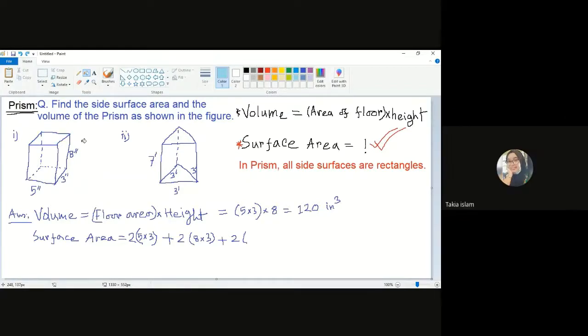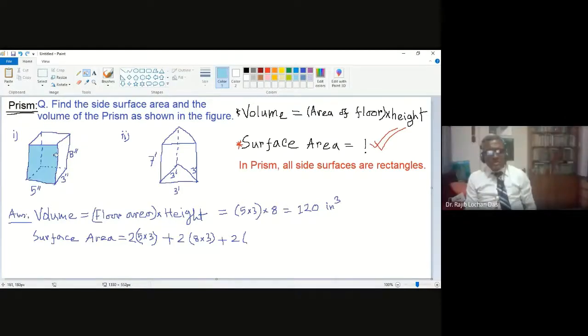So front side is this, and it will be 5 into 8, 5 into 8, because one is in the front side, one is in the back side. So all together you will find 2 into 15, that is 30, and 2 into 24, so it is 48, and 2 into 40, so it is 80.